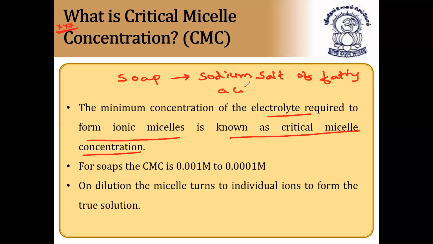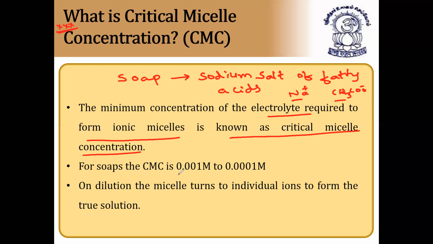They form Na plus and the acid anion, CH3COO minus. So they form ionic micelles. The minimum concentration of the electrolyte required to form ionic micelles is known as critical micelle concentration.